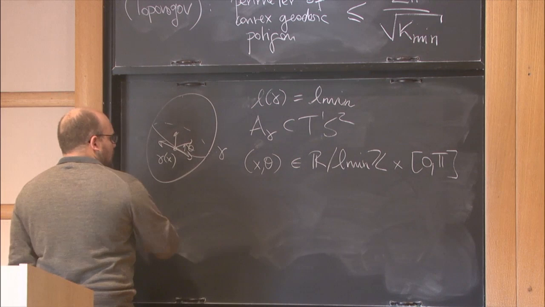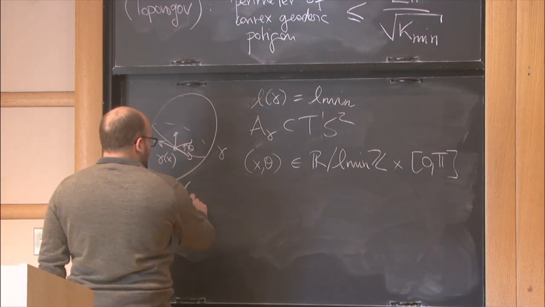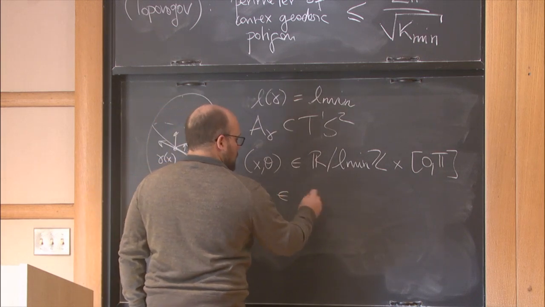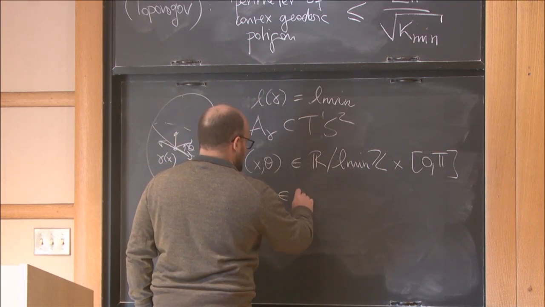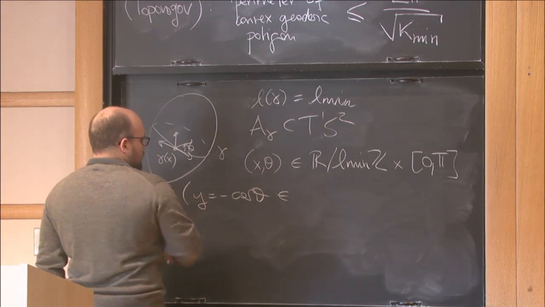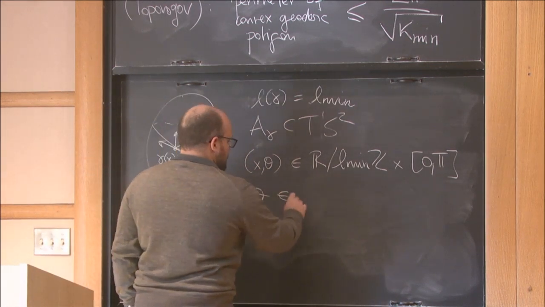If you want to normalize things to work with a non-degenerate area form, you might want to consider, as a substitute for the second variable, the number y given by minus cosine of theta.